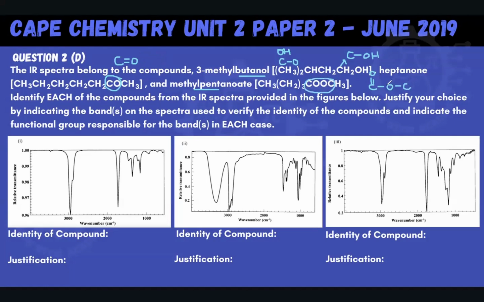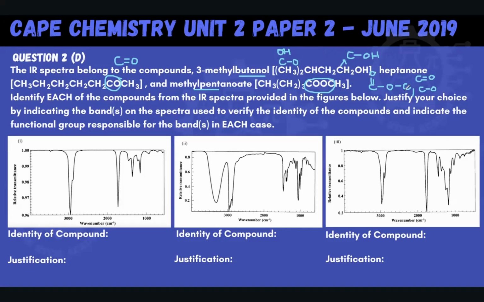So we're going to be looking for that functionality there. In fact, we're going to be looking for a carbon double bond O, so a carbonyl carbon, and a carbon single bond O. Those are the functionalities that we're going to be looking for respectively.